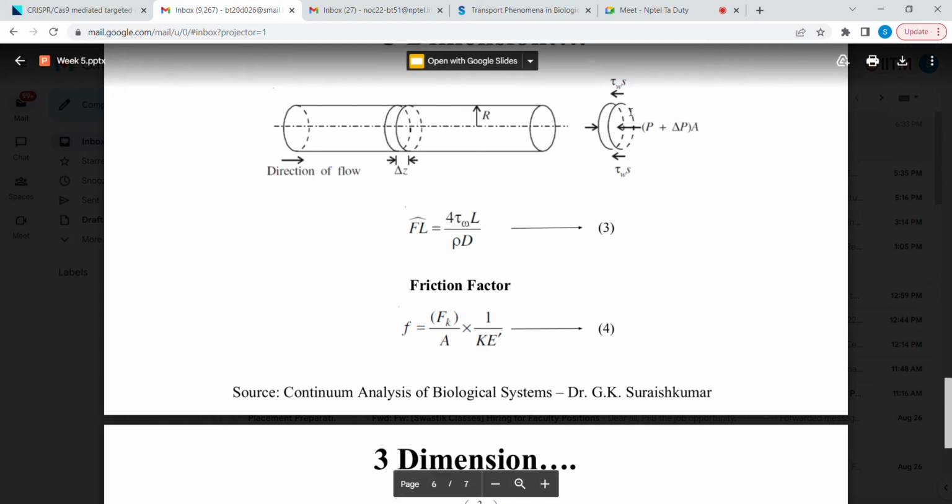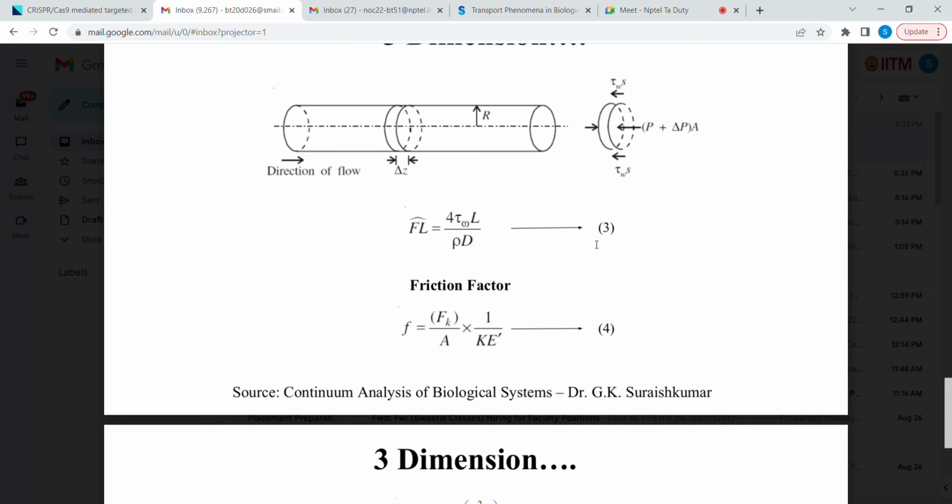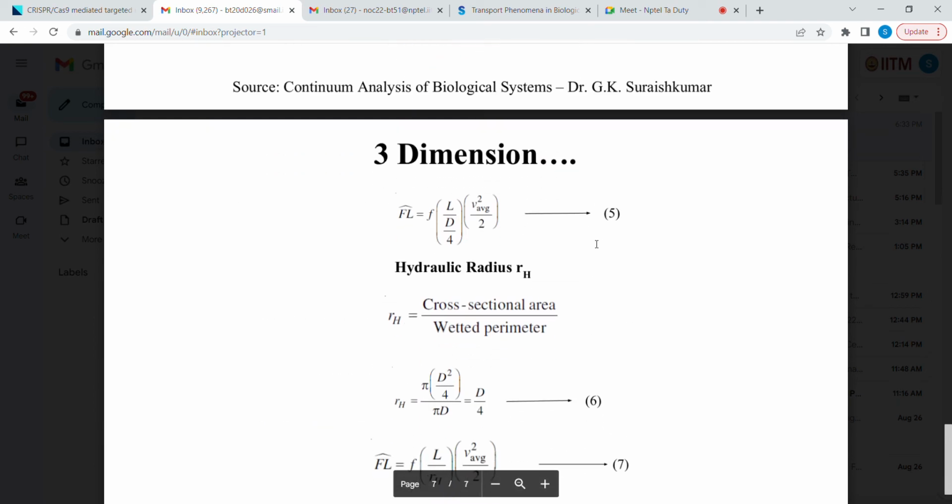So it's the circumference of the circle times the width of the volume element, which is 2 pi r into delta z. Now it is given as D squared by 4. I don't think I need to explain this to you. The area of a circle is pi r squared, and D is equal to 2r, so D squared is 4r squared, r and r get cancelled, and we get pi r squared divided by 2 pi r, which is the circumference.